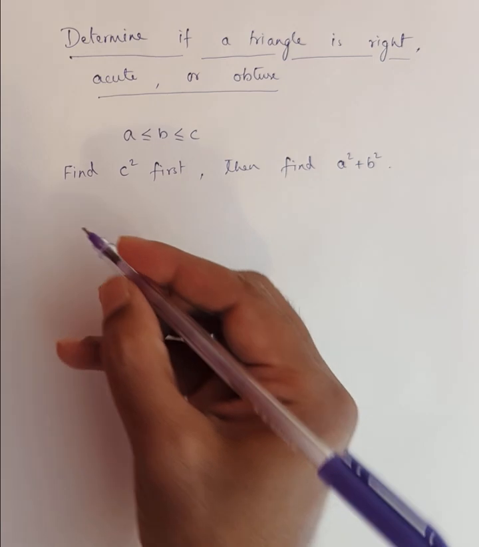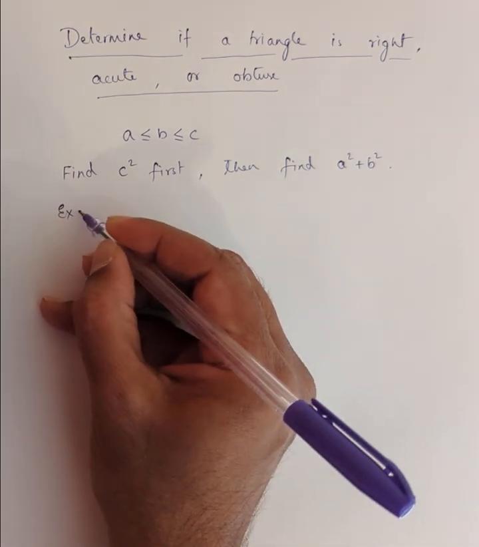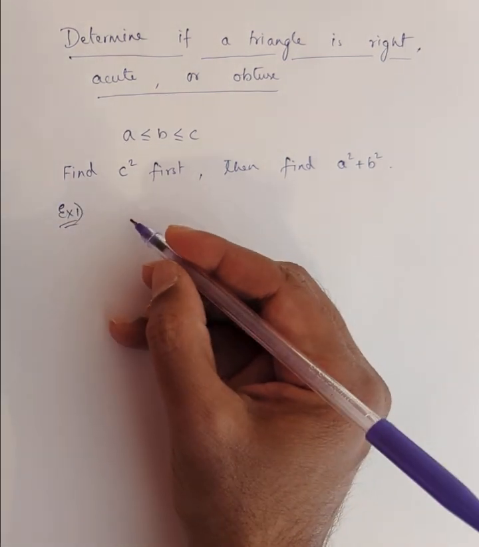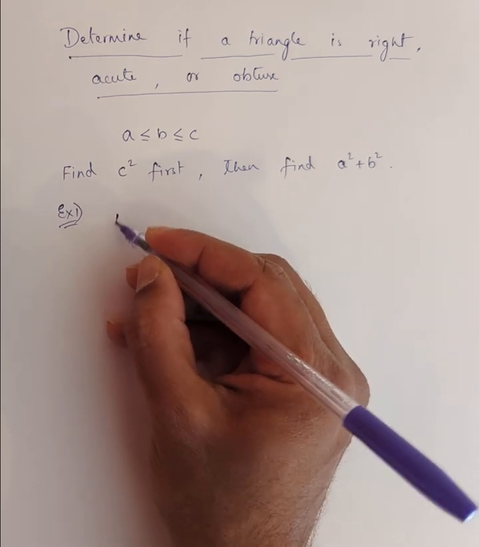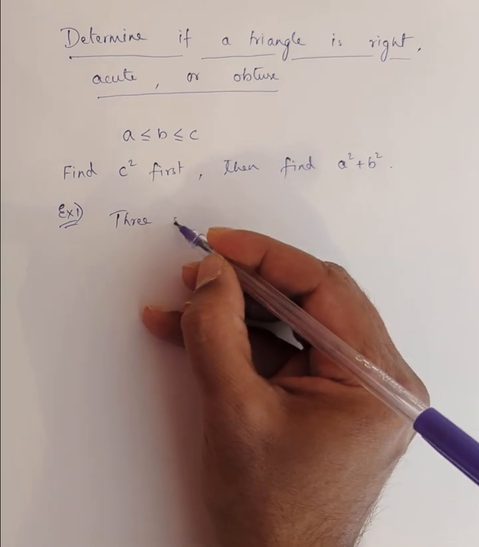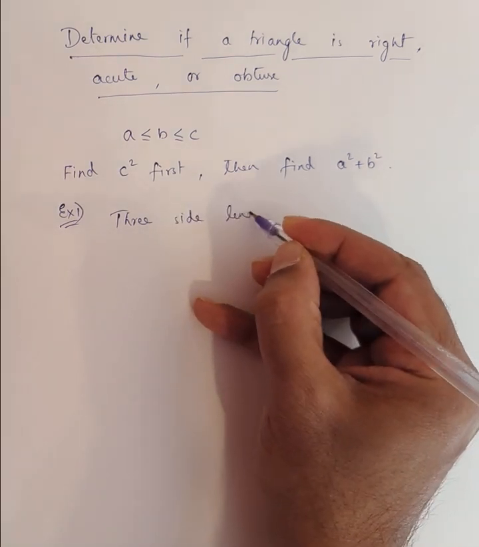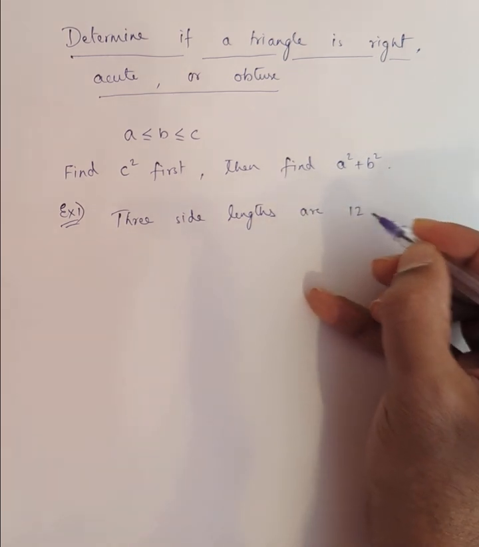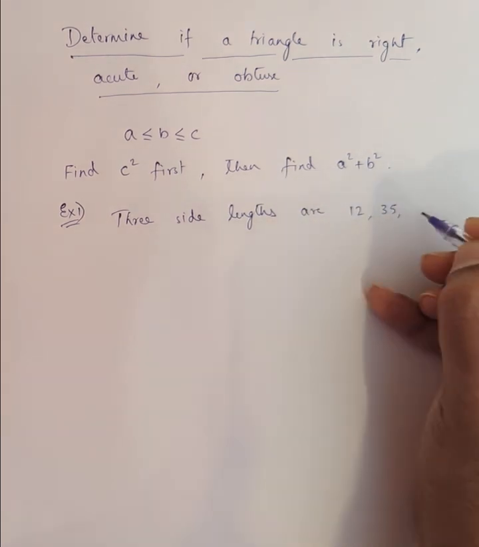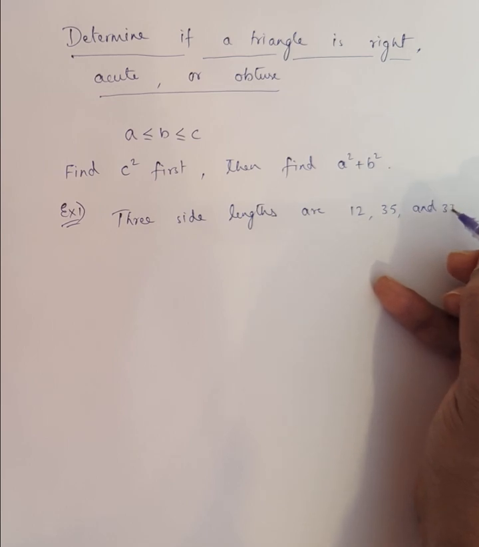So let's work it out in an example. Say I've been given these three side lengths: 12, 35, and 37.